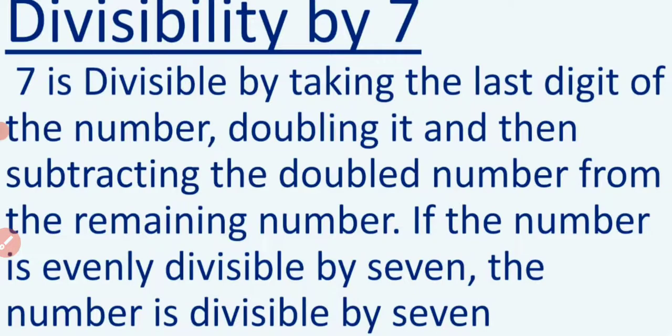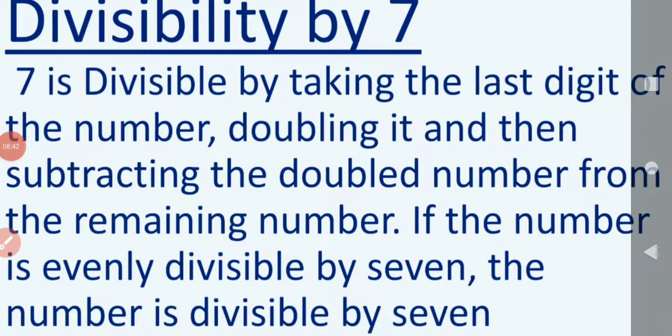For example, or in simple language, this is the typical one. We can say that if twice the last digit is subtracted from the number formed by the remaining digits, and the difference is 0 or divisible by 7 or a multiple of 7, then we can say that the given number is divisible by 7.